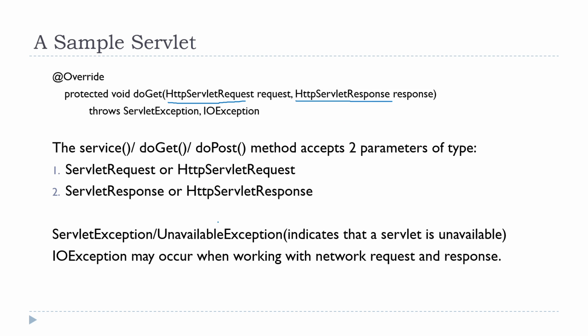The servlet exception or the unavailable exception indicates that the servlet is unavailable, and IO exception may occur because we are working with the network request and response, and we are writing to the response using a print writer object.